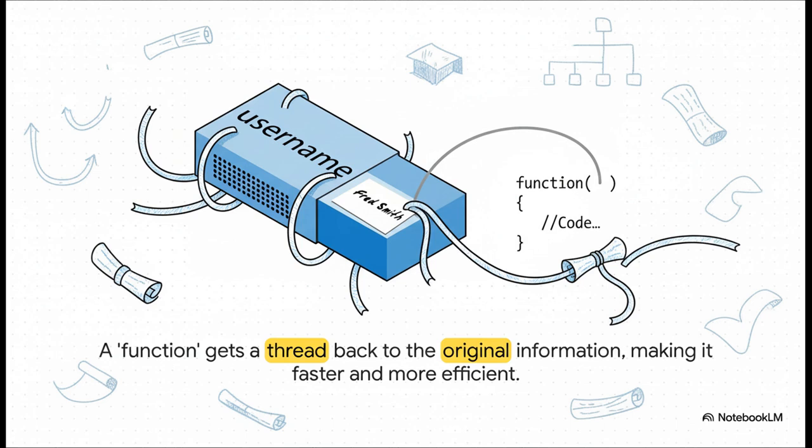And here is a brilliant way to picture this. Imagine your data is a little piece of paper tucked inside that matchbox. Now, instead of making a full copy of that paper every time, which would be slow and clunky, a function gets a thread that's tied right back to the original box. It can just follow that thread to find the info it needs without ever having to duplicate it. It's an incredibly fast and, frankly, elegant solution.